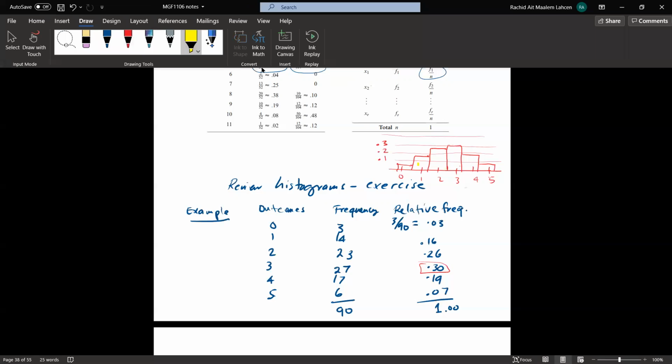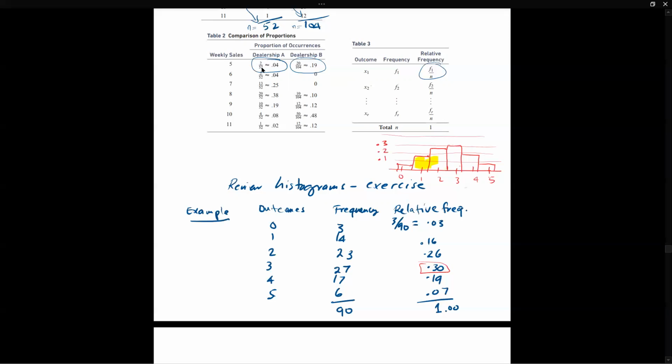And of course these histograms can be colored. The area.